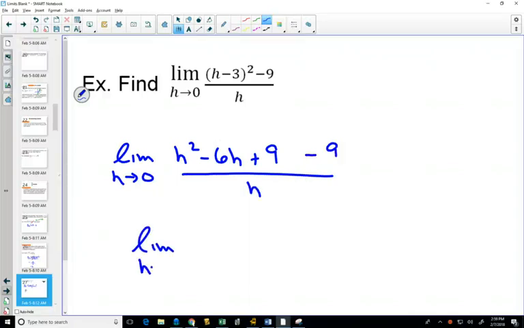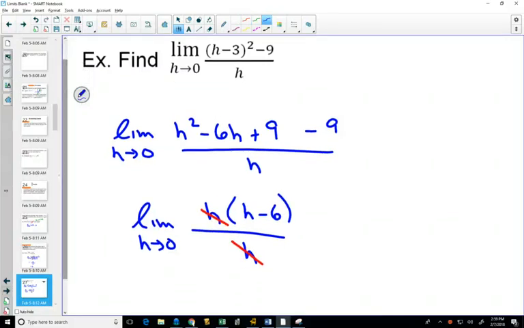Your 9's canceled out. You factored out an h out of what was left so that your h is simplified. Notice we write the limit as h goes to 0 until we get to a point where we can actually plug that value in. And at this point, you could plug it in and get negative 6.